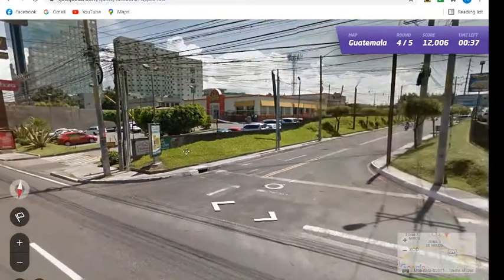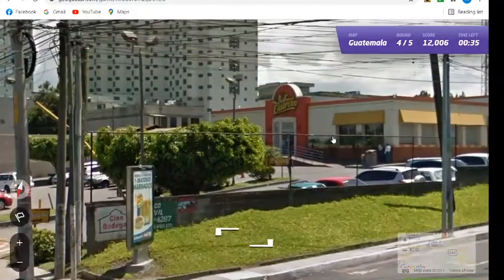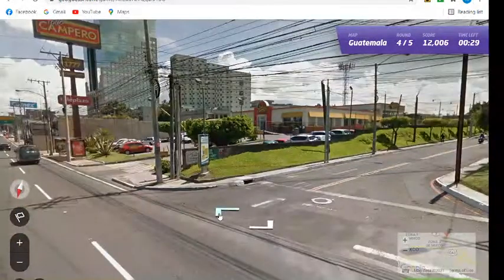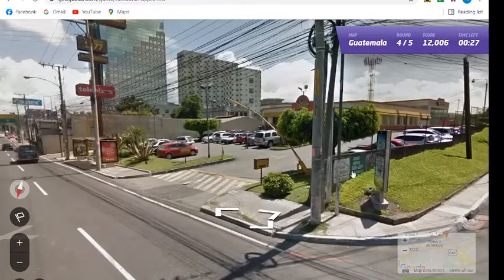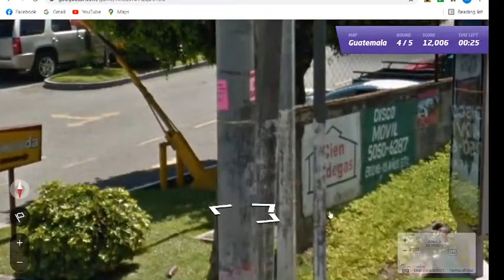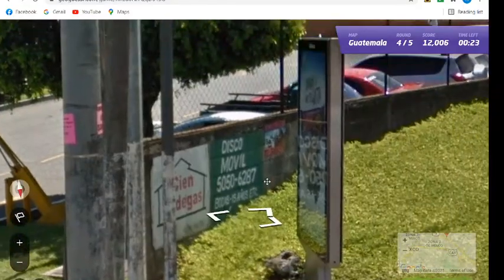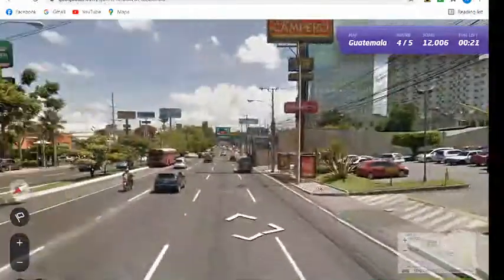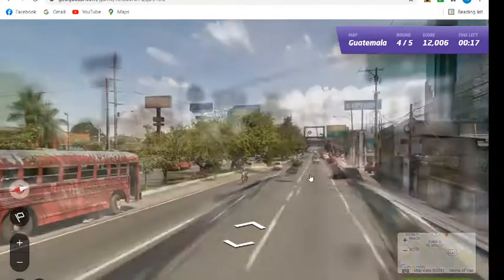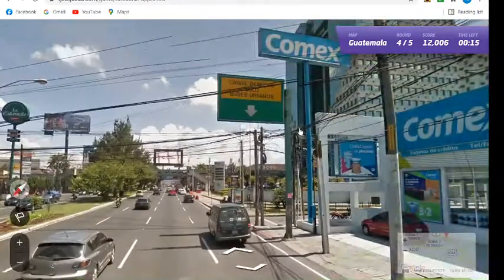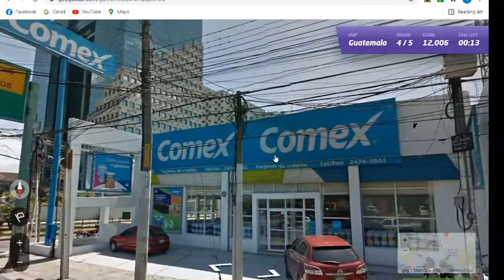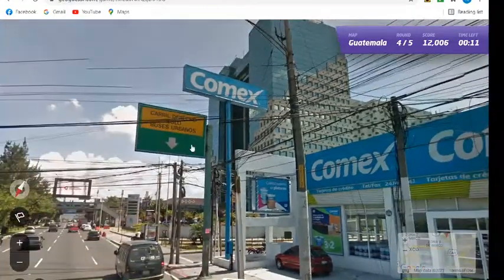Okay, we have Pollo Campero. This I've seen in a bunch of places. I think it may be a large chain, and I don't know if it's specific to Guatemala or not. I think it may also be in Mexico. Okay, yeah, Comex I've also seen in Mexico.